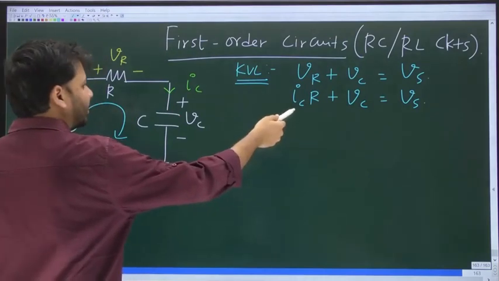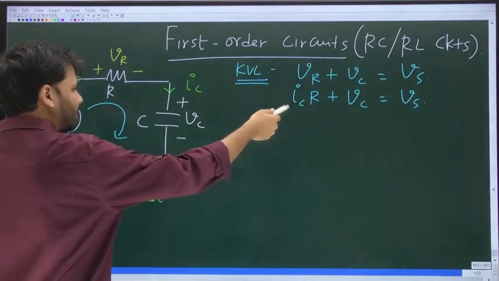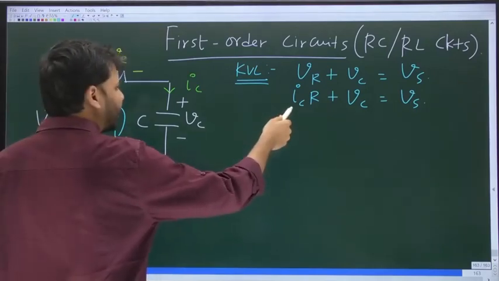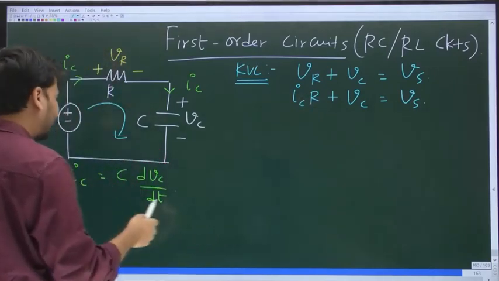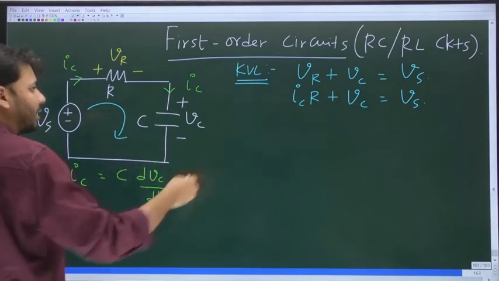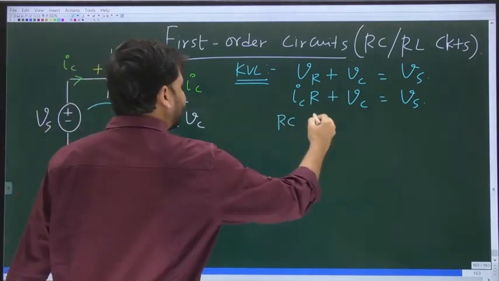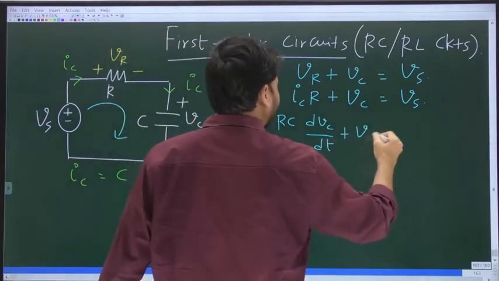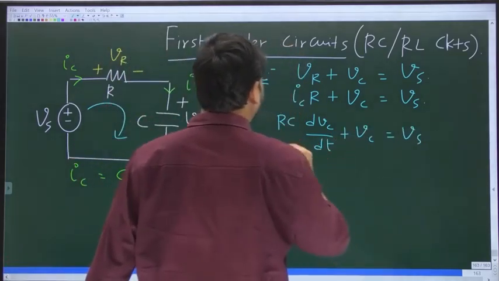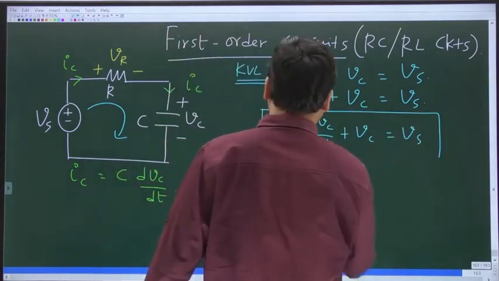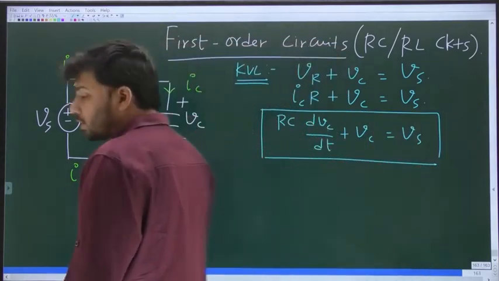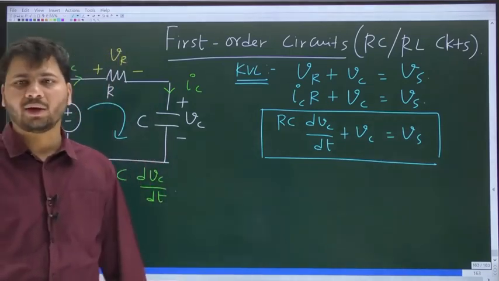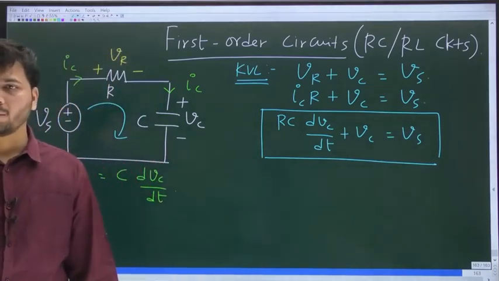So in the first term, in place of IC, let us write C dVc by dt, multiplied with R. So if you multiply, won't you get RC dVc by dt plus Vc equal to Vs? That's all. Is it not a differential equation? RC dVc by dt plus Vc equal to Vs.